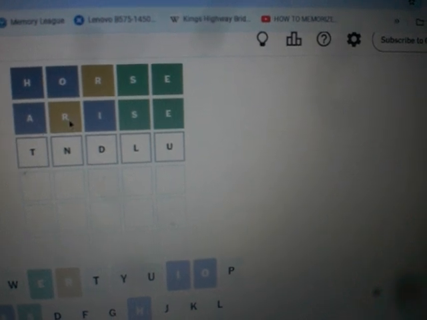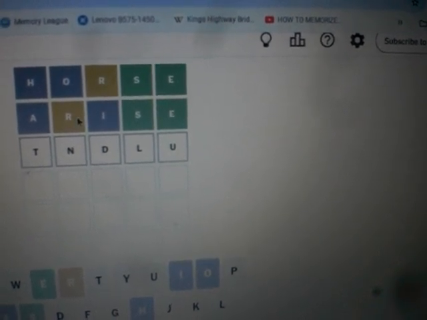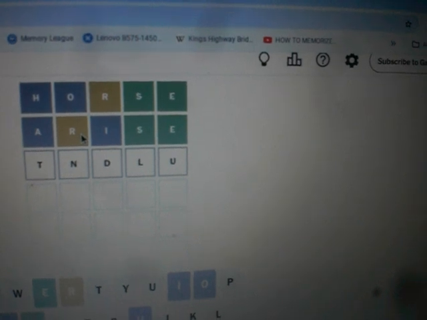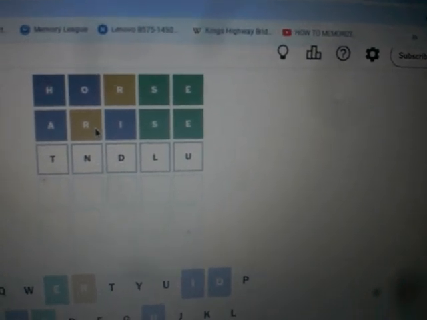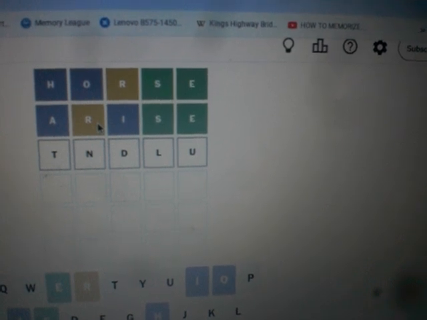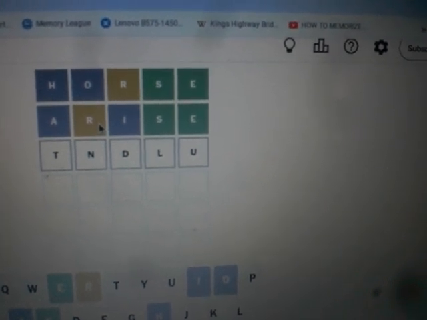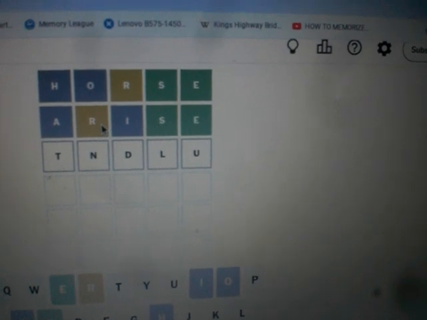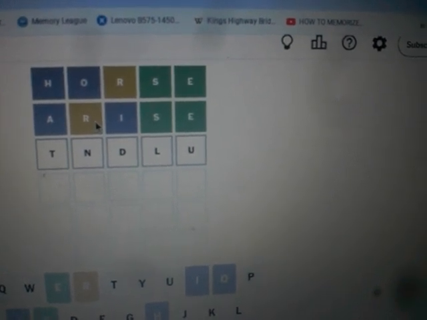So R, let's go through the alphabet. R, A, B, C. Obviously, most of the consonants are not going to work. D, E, F, G, H, R-H blank S-E. No. Like a rebus puzzle.